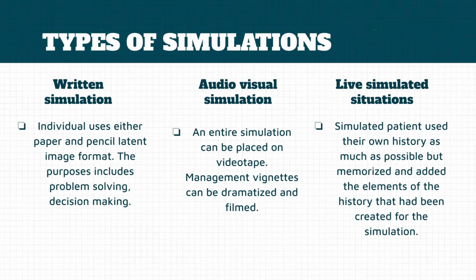Audio-visual simulation is an entire simulation that can be placed on videotapes, and management vignettes can be dramatized on films. And lastly, for live simulated situations, simulated patients use their own history as much as possible, but memorized, and add elements of the history that has been created for the simulation.